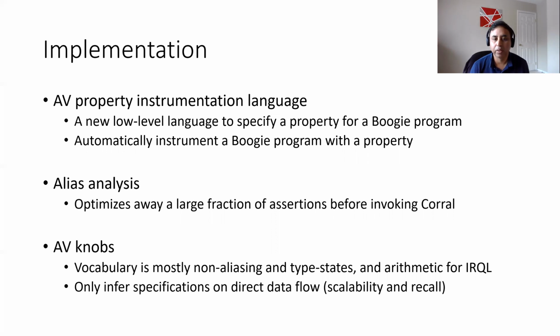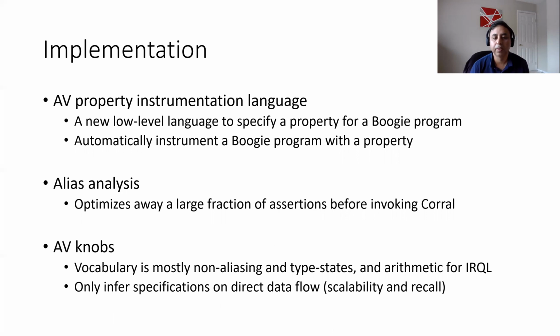The vocabulary was mostly consisting of type state specifications, non-aliasing specifications. And for IRQL, we needed to add some arithmetic over the environment constants like the IRQL variable. And we also decided, for scalability and also to find more bugs, to only block the data flow.